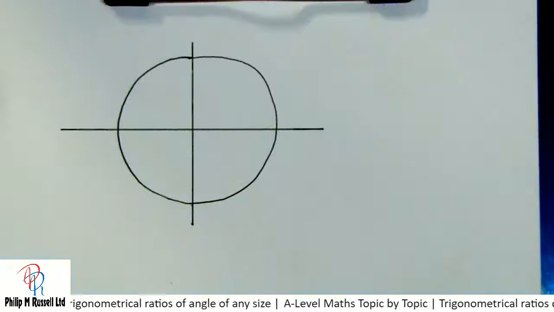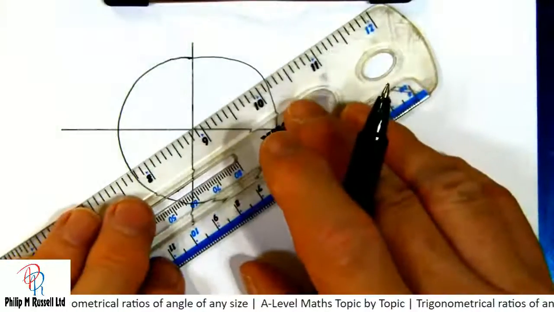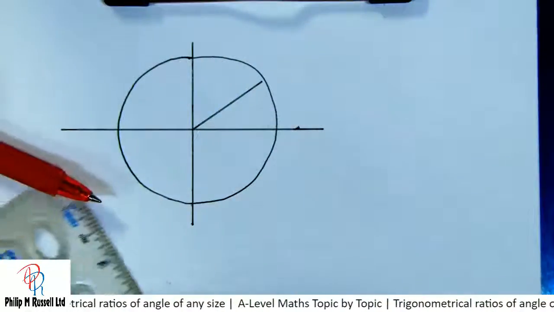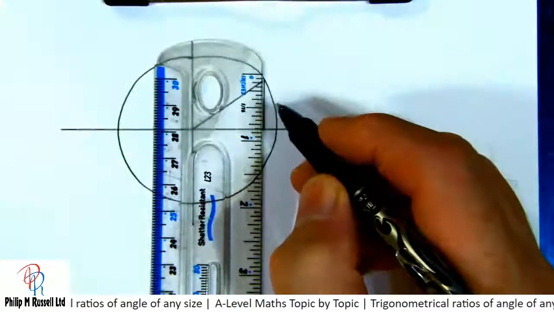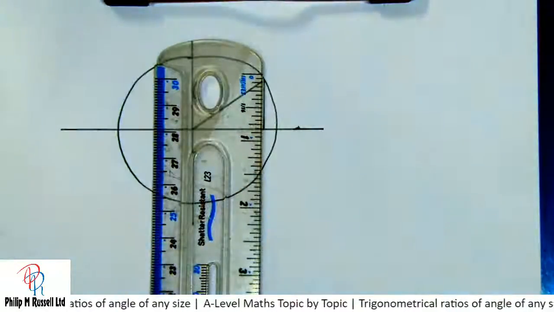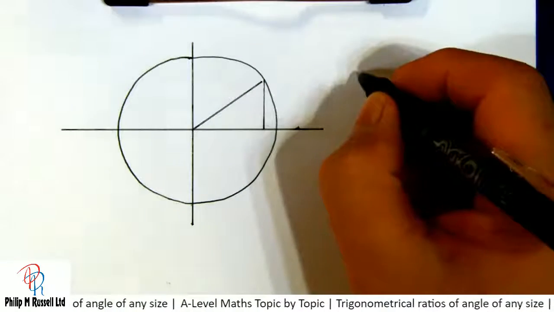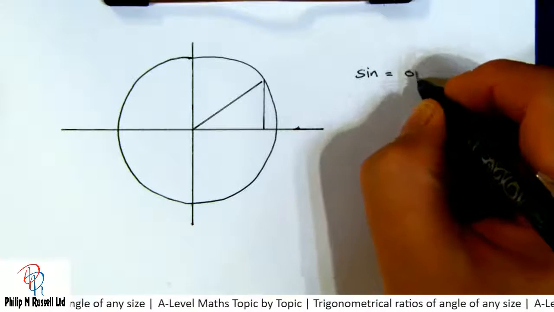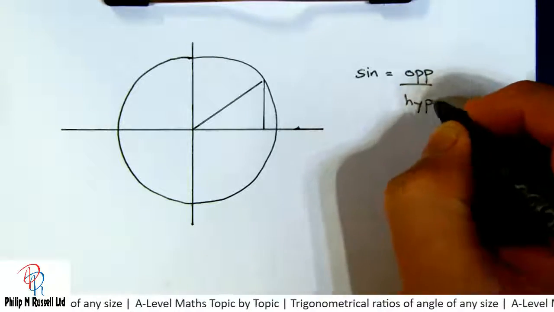The circles, as I said, do not improve. Let's draw in here for my sine. If I've got my sine, we've got the opposite over the hypotenuse.